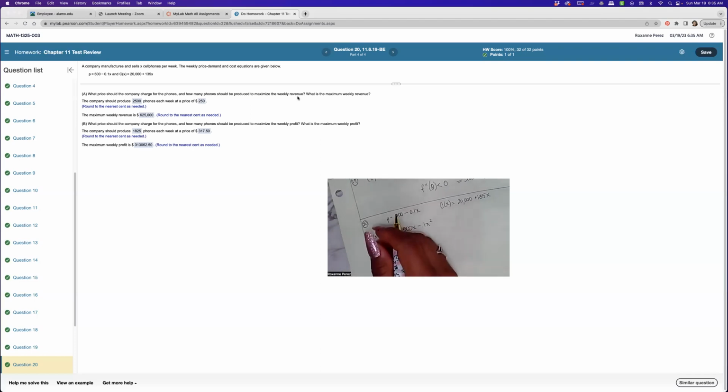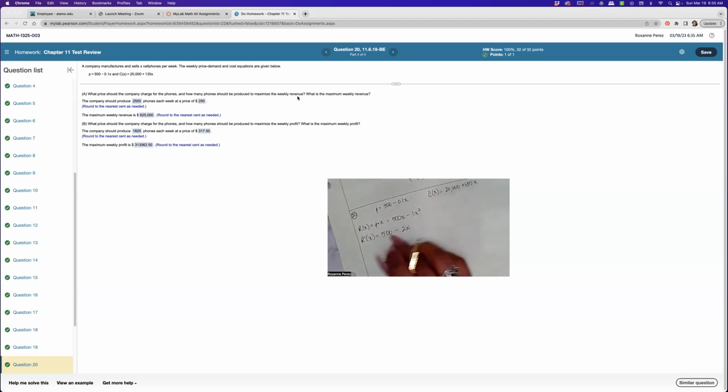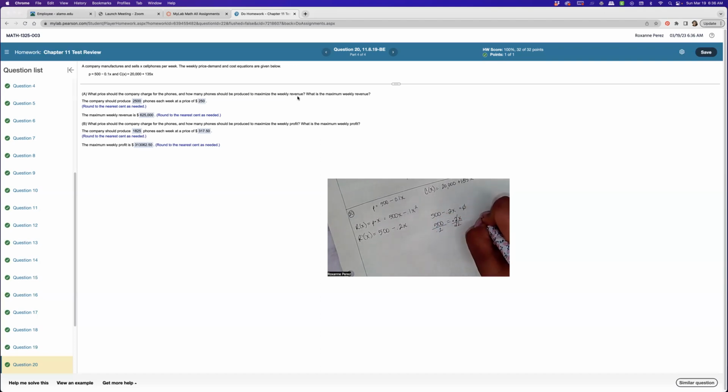So we're going to find the first derivative, which is going to give us 500 minus 0.2x. Then we're going to take this and set it equal to 0. We're going to finish solving for x, and that is going to give us x equals 2,500.